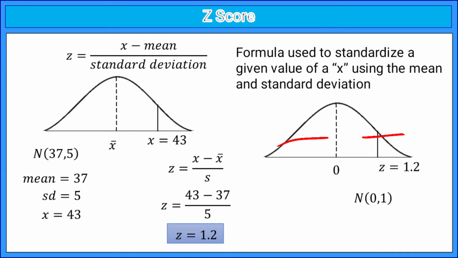As you can see here, we are going to approximately plot the 1.2 here. So 1.2 will be here, and as I mentioned, when you are plotting a standard normal distribution, the mean will always be equal to 0 here. Alright, so that's it.